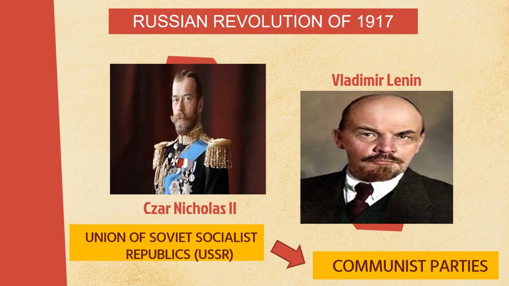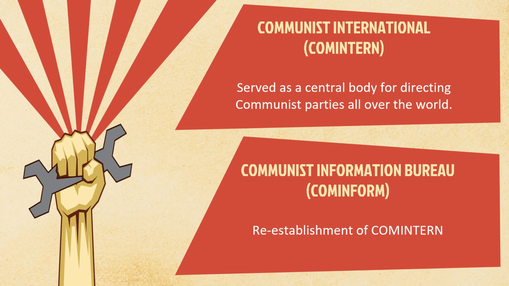This began with the Russian Revolution of 1917. To spread the socialist revolution across the world, Lenin established the Communist International, or Comintern for short. It served as a central body for directing communist parties all over the world.